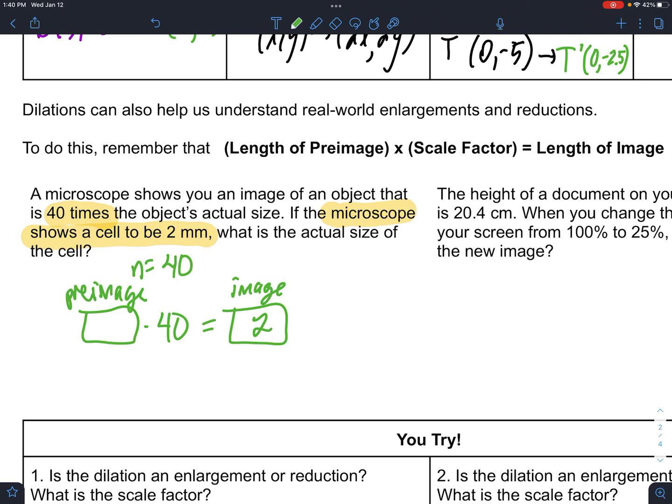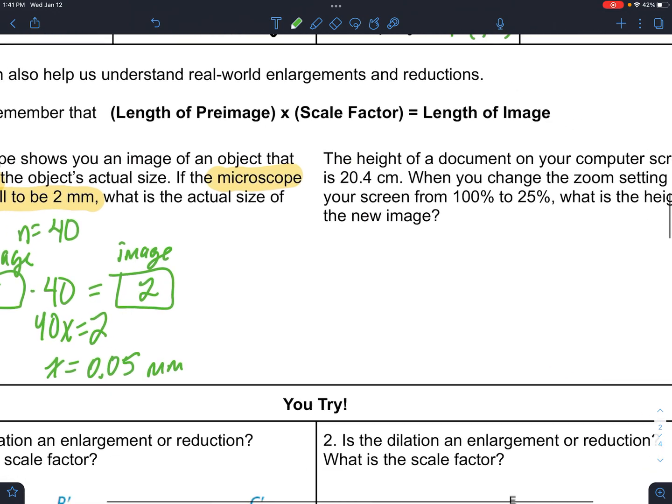Right? But we know that the microscope takes something that is really small and makes it 40 times bigger. So, in fact, this is going to be the formula we want to solve, which ends up being 0.05 millimeters. So this tiny ant, we put the microscope on it, we performed a transformation and made it 40 times bigger. Okay?